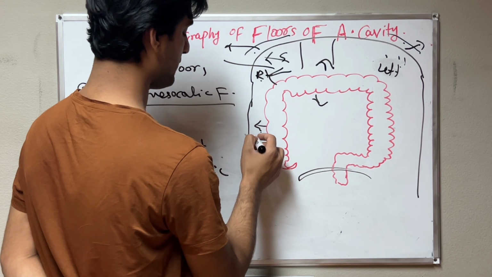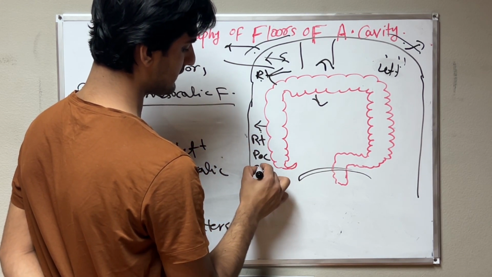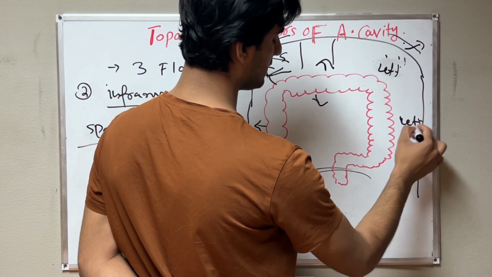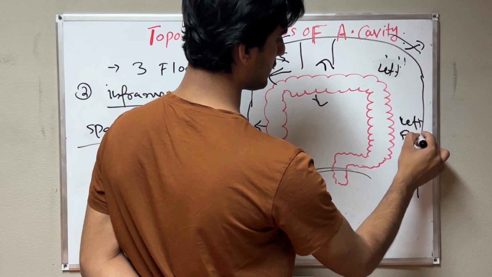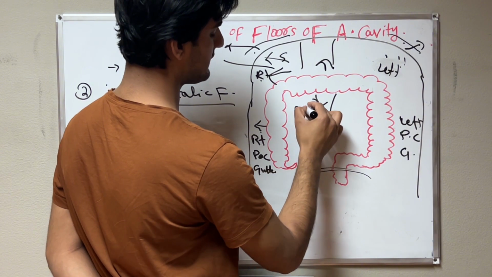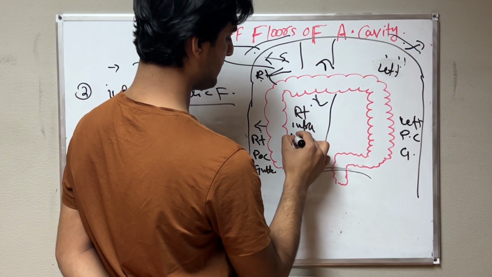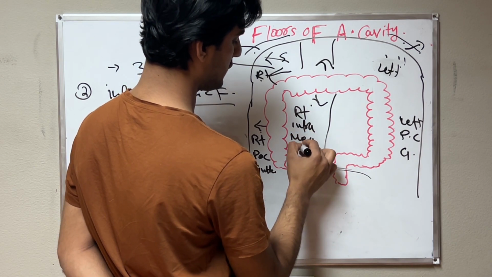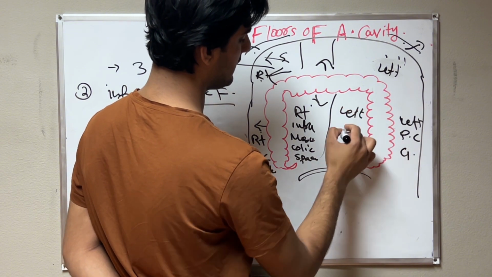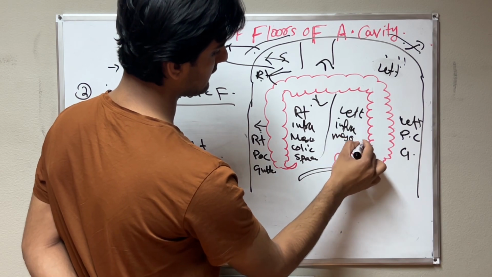Okay, here we have the right paracolic gutter, and here we have the left paracolic gutter. Okay, and here we have the right inframesocolic space, and here the left inframesocolic space.